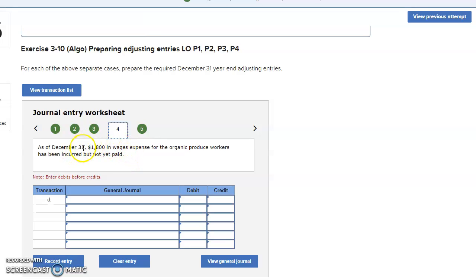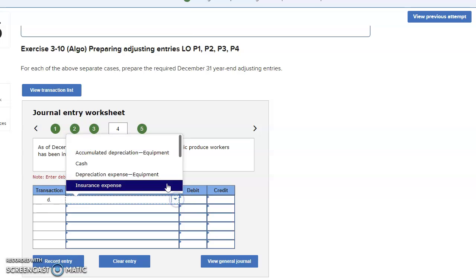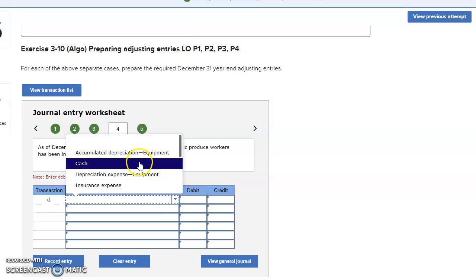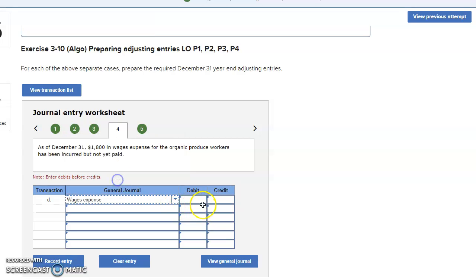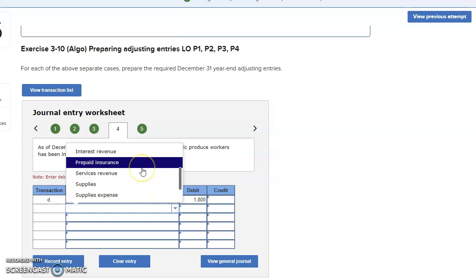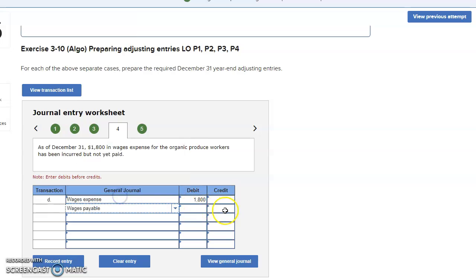So as of December 31st, this $1,800 is wages expense, and it's debited for $1,800. Because we still need to pay it next year, it's wages payable, and we have to credit that one for $1,800.